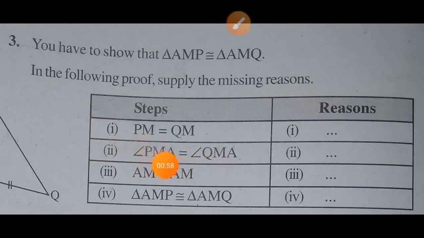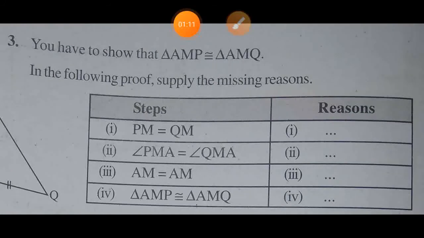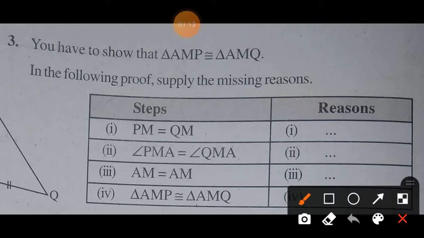In this we are talking about the angle M. By observing this figure, this is our angle M and this PMA and this QMA. So it is also given in the figure. So in the reason column for the second step we can write again given.